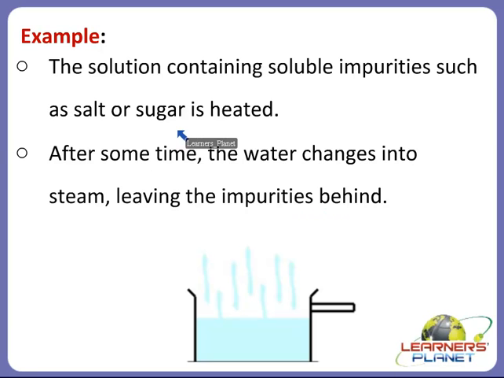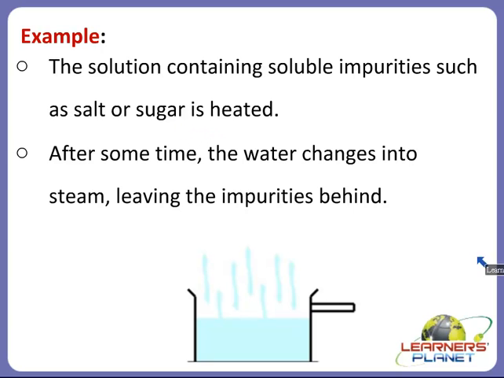When salt or sugar gets dissolved in the water, it is very difficult for us to separate it from this solution. So how can this be achieved? How can we remove the impurity? The impurities will be left behind and the rest of the water will change into steam, right?